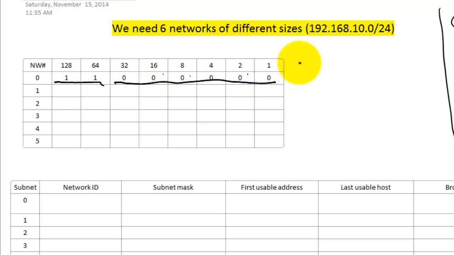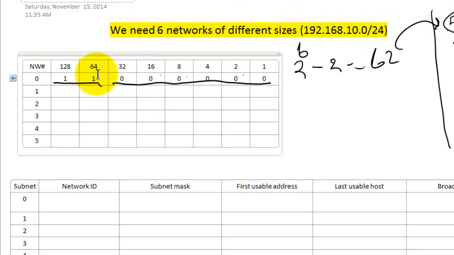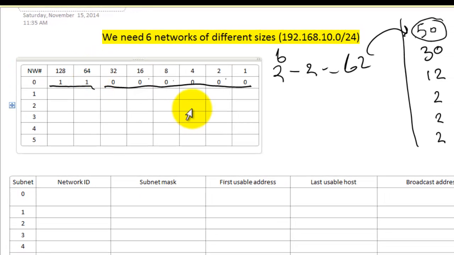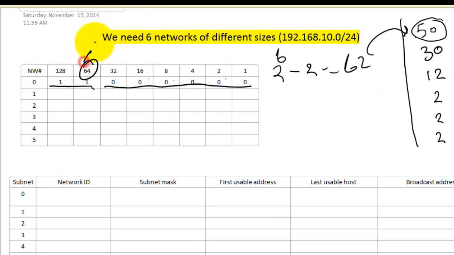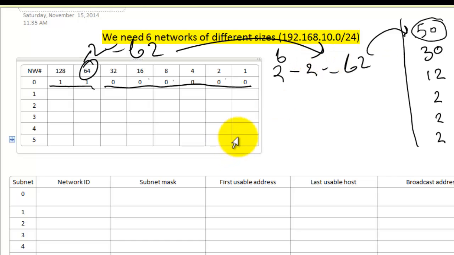That's 2 to the power 6 equals 64, minus 2 equals 62, so 62 is enough for 50. Or you can use the table: the last one that you borrowed is 64, and 64 minus 2 equals 62, the same. So you can use either the formula or the table.